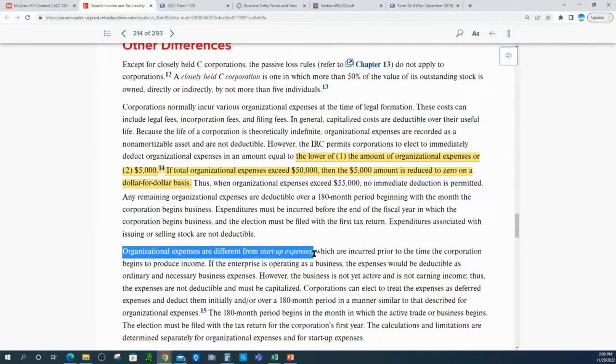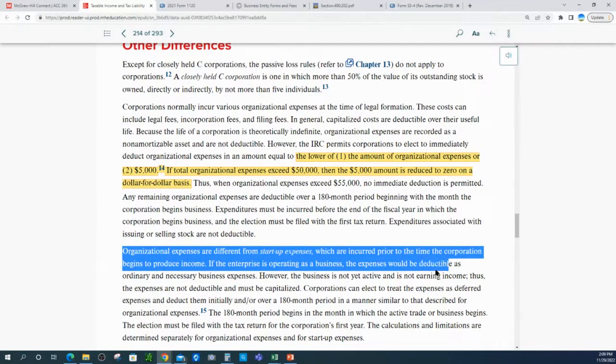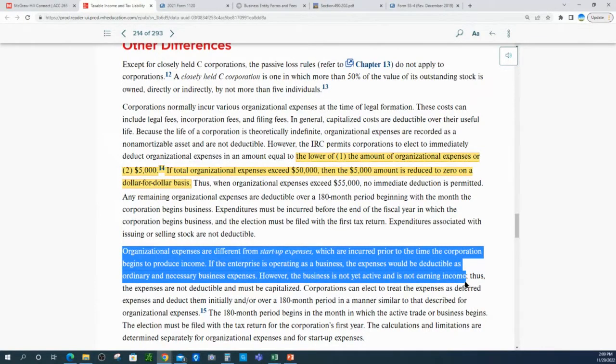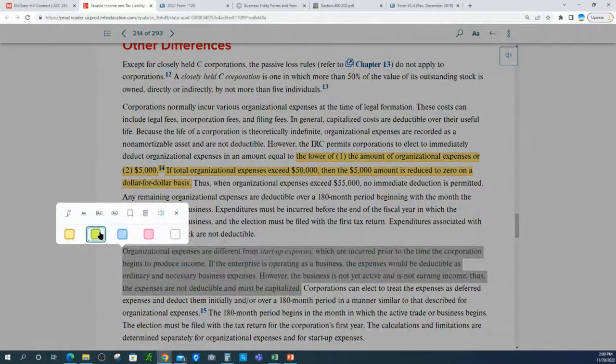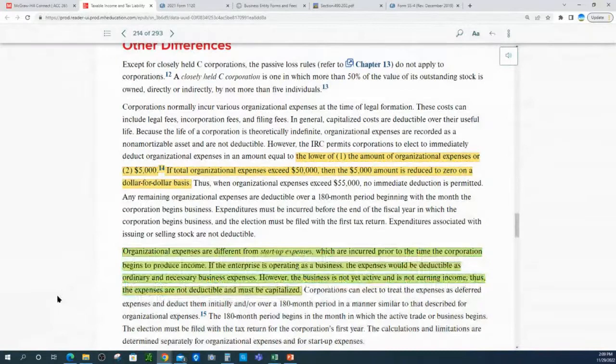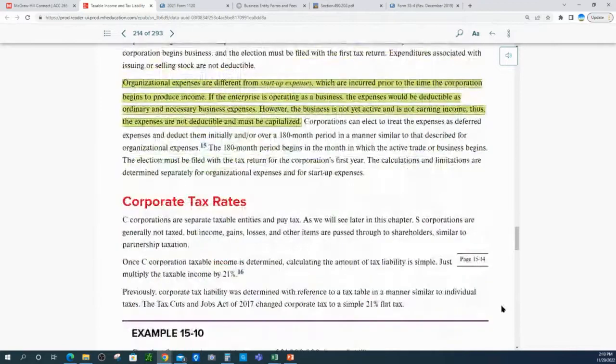Organizational expenses are treated the same. An enterprise's operating business expenses would be deductible as ordinary and necessary. However, the business is not yet active and not yet earning income. Therefore, they are not deductible at that point. Until your business is active, you can't deduct any of those expenses, but you can amortize them.